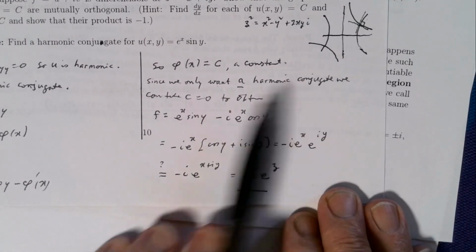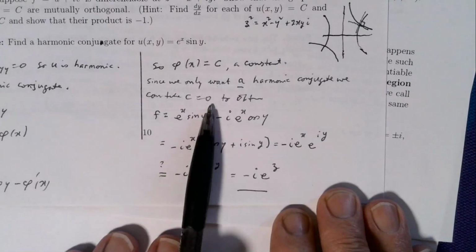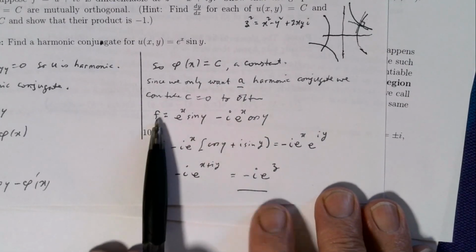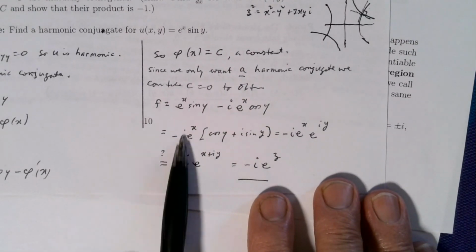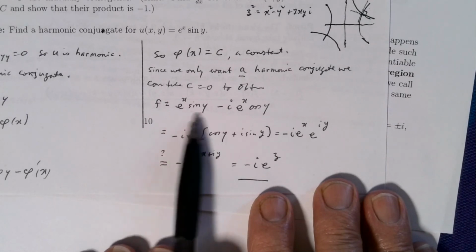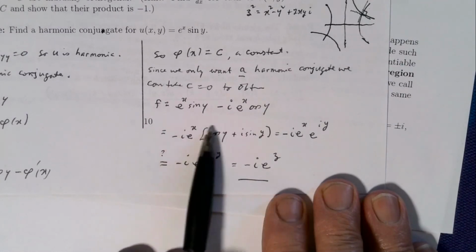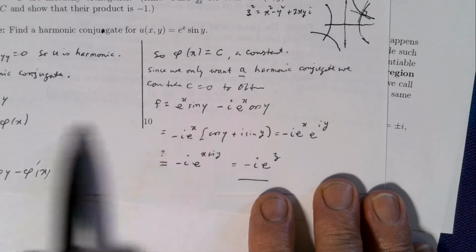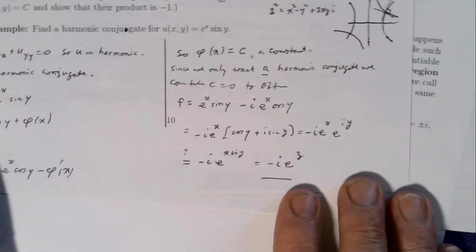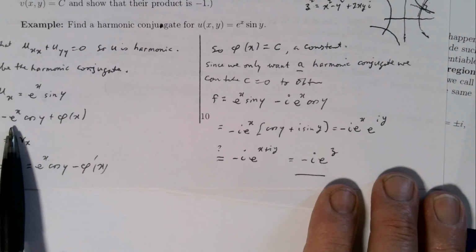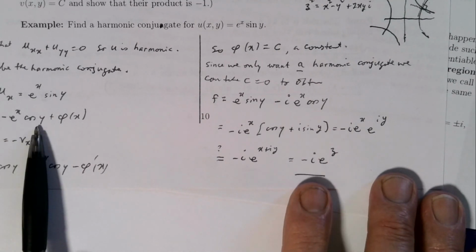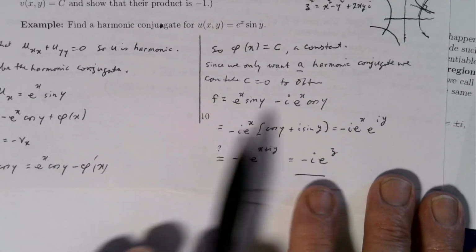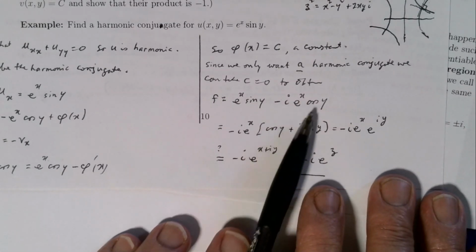I'm going to put c to be 0 just for simplicity, and that will then give me this function f, where u is the real part, and the imaginary part we worked out over here was minus e to the x cos y. We're taking this constant to be 0, so I get minus i e to the x cos y.